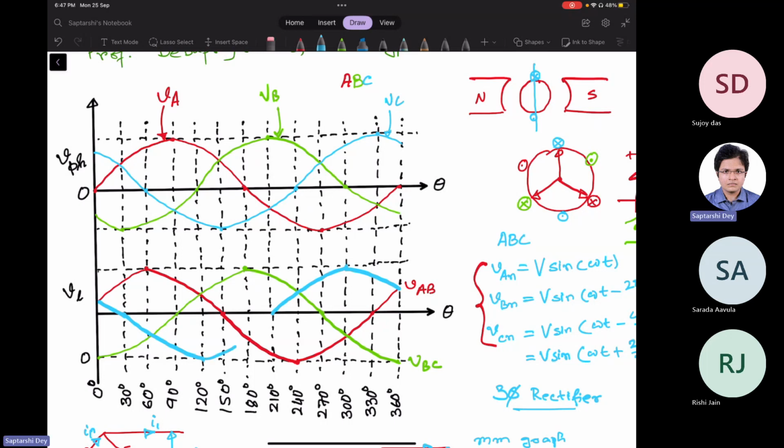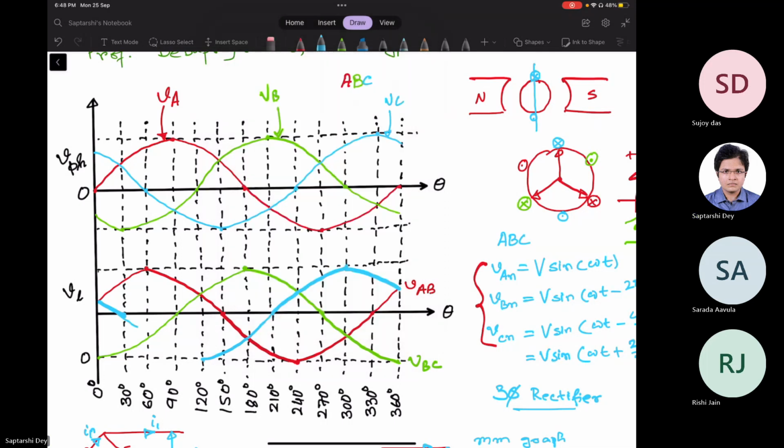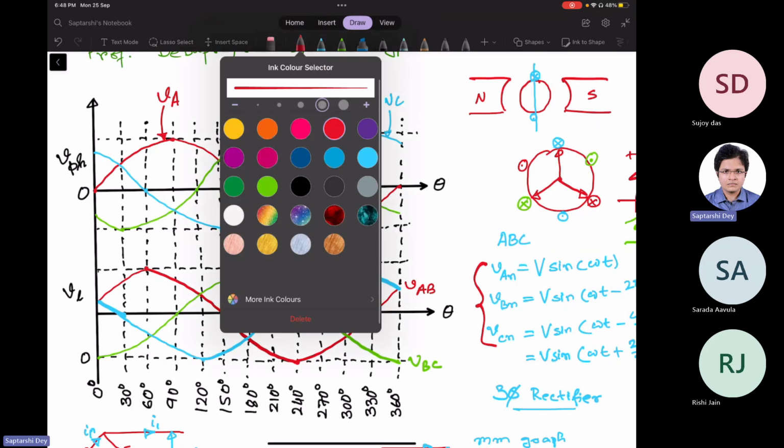And then it will go like this. Why are these lines so heavy? I don't know. I did not change anything. Red one also the same.